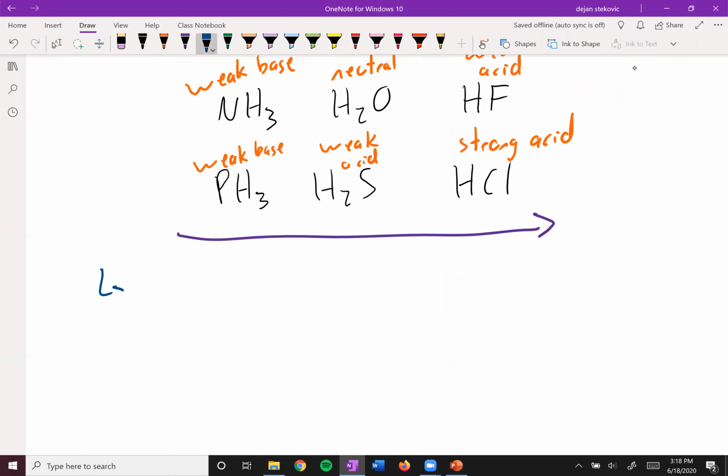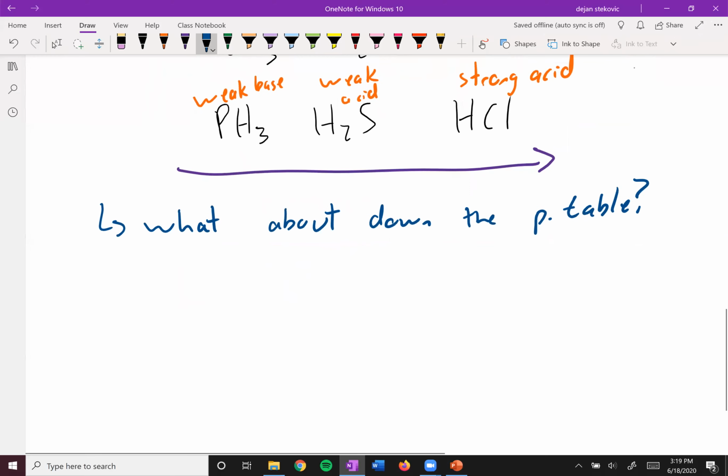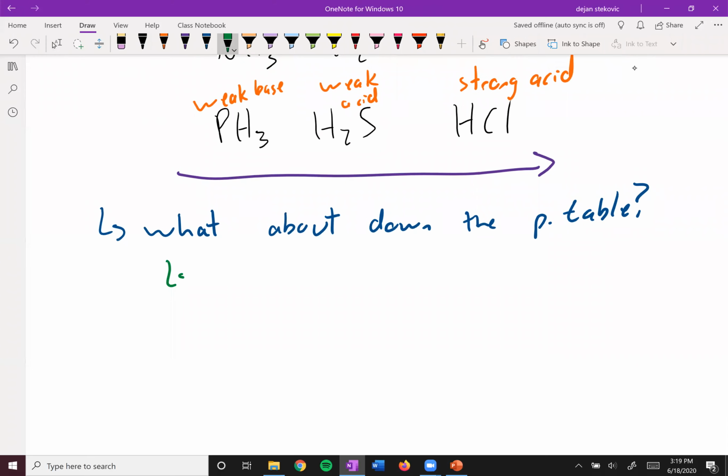Then we can ask ourselves, what about when we go down the periodic table? Does this hold true? And so when you go down the periodic table, electronegativity decreases as we go down.